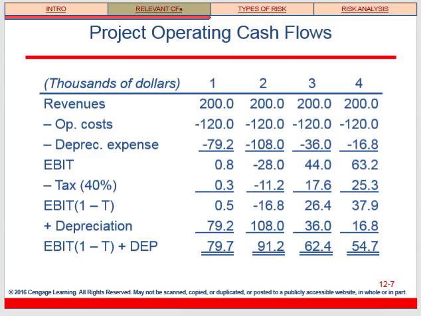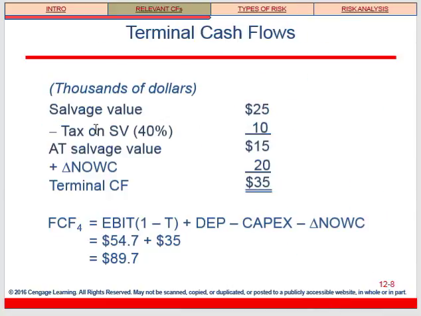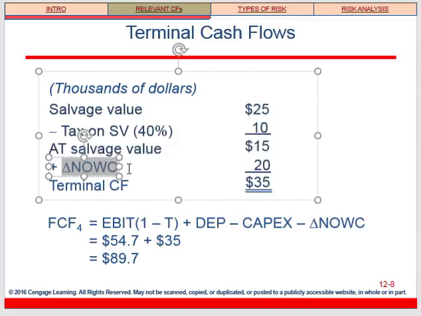Now in year 4, in addition to what we have as operating cash flow, we have terminal cash flows. We have a salvage value of $25,000, and then we have tax on salvage value at 40%. After-tax salvage value turns out to be $15,000. We are going to get our operating working capital back, which was $20,000.